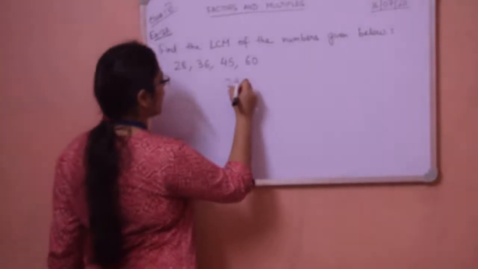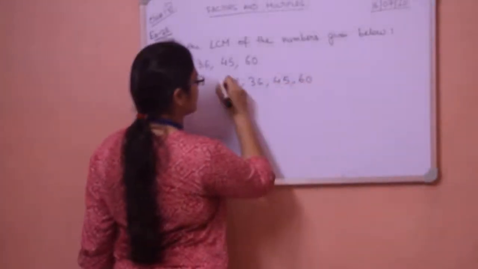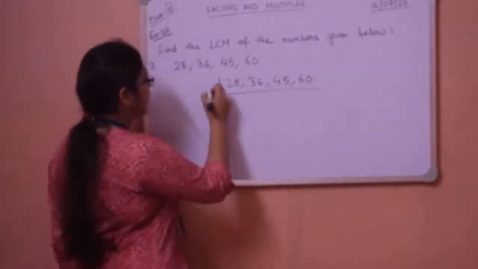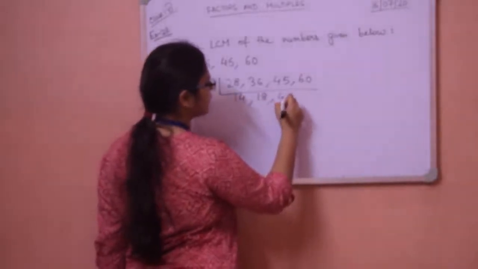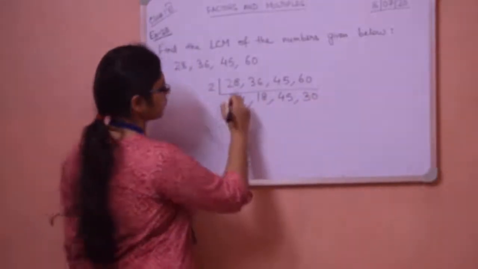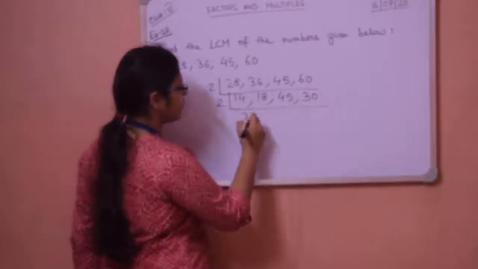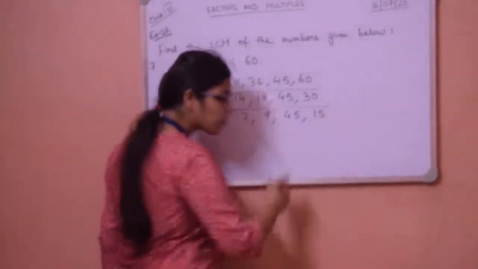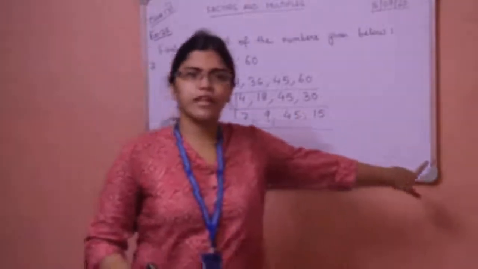So 28, 36, 45 and 60. So dividing these numbers with 2, we get 14, then 18, then this is 45 only and this is 30. Again dividing with 2, we will get 7, 9, 45 and 15. Now these 3 numbers can be divided with 3.